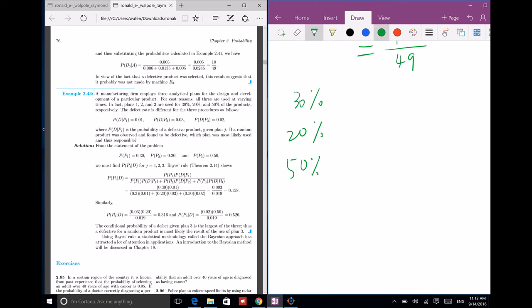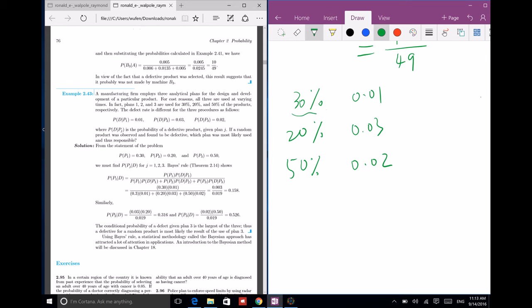Plan 1 is 1% defective, plan 2 is 3% defective, and plan 3 is 2% defective. The question is, if a random product was observed and found to be defective, which plan was most likely to have been used and thus responsible?